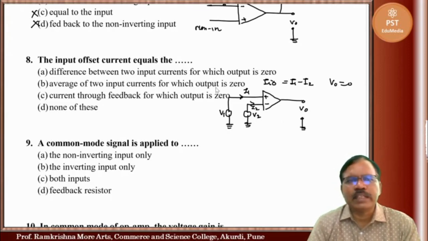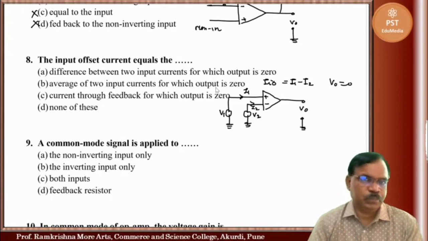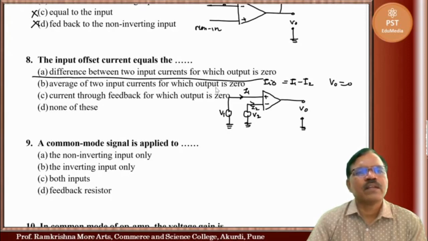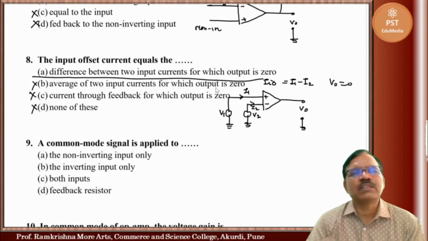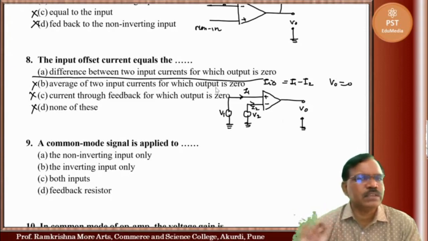So input offset current equals the difference between two input currents for which output voltage is 0. This is the correct answer. Next one is average of two inputs, no. Current through feedback for which output is 0, no. So this first one is correct: difference between two input currents for which output is 0.